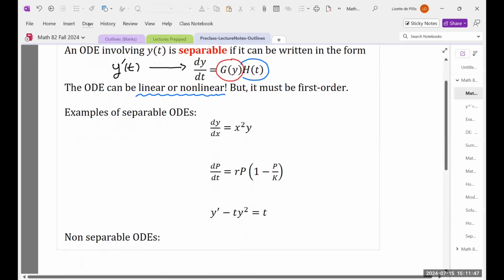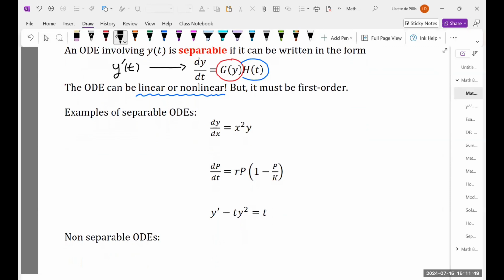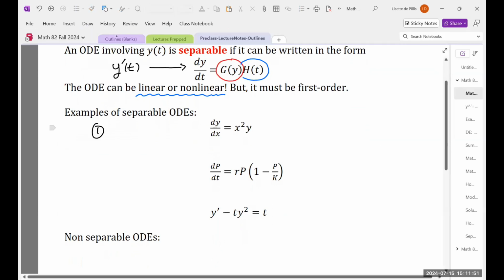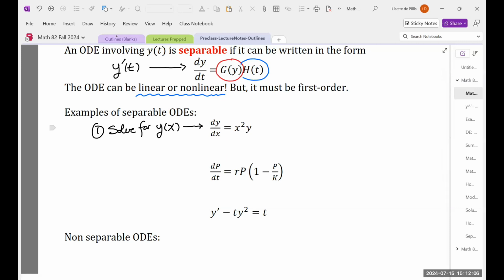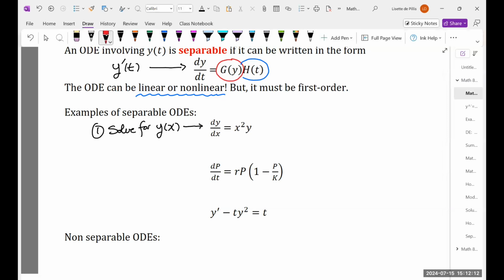In this first example, we are solving for y of x. So y is now a function of independent variable x. And we can see which part of the right-hand side plays the role of g of y and which plays the role of h of x.